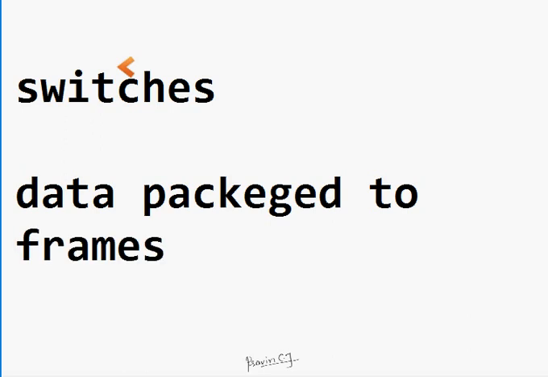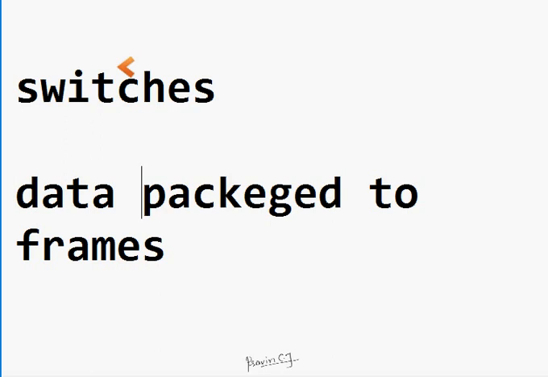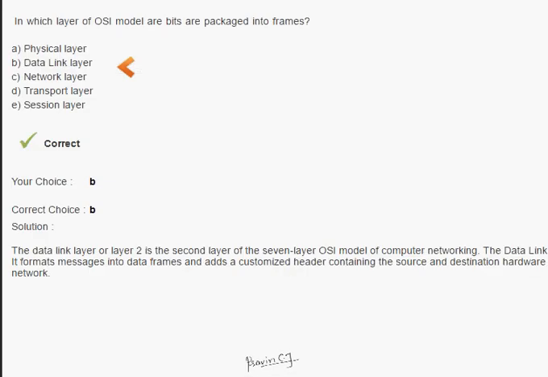Low level means actually converted into bits, the exact physical format, like 0s and 1s. So they are packaged into frames. That is done by the switches. So switches will work at which layer? They will work at the data link layer, exactly the data packaging. And the exact transfer of data is done at the physical layer.